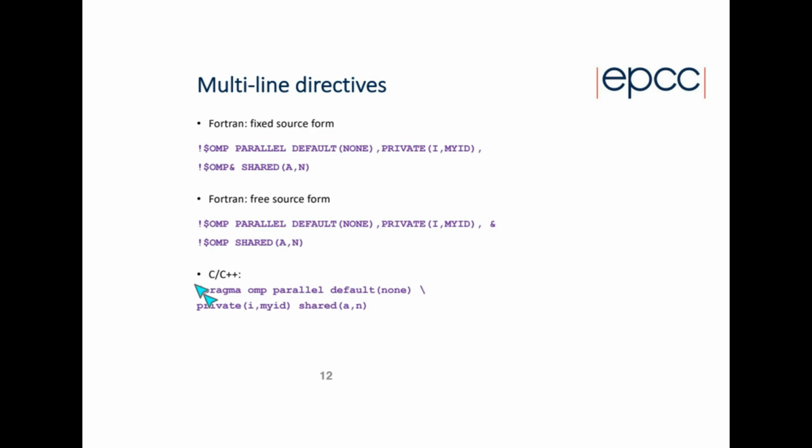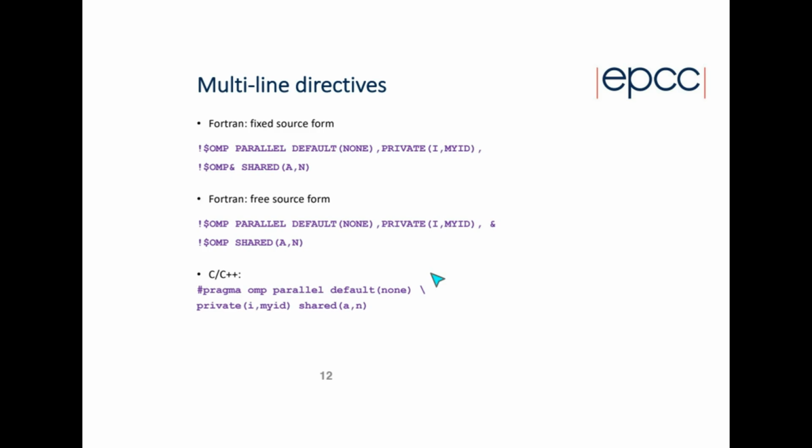In C and C++, it's the usual way. It just uses the usual rules for preprocessor pragmas. So we can continue it with a backslash at the end of the line, and then just continue with no second pragma, no new hash pragma. Just continue the directive on the next line.